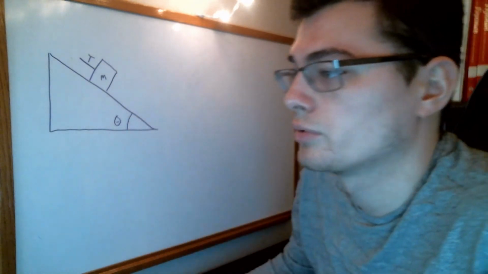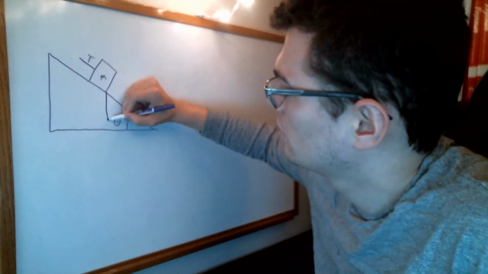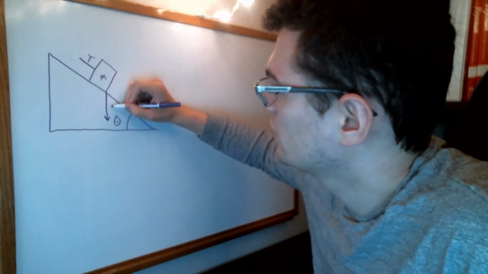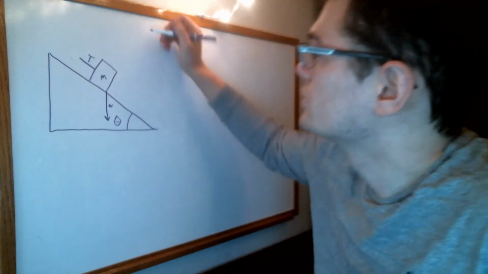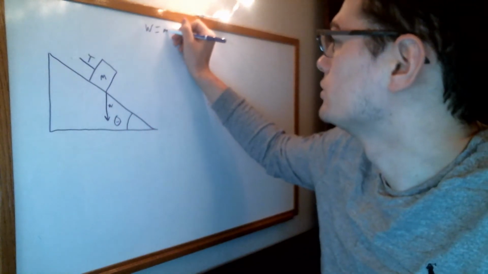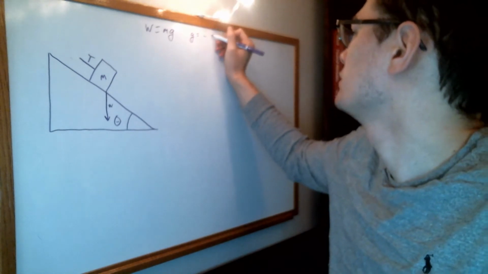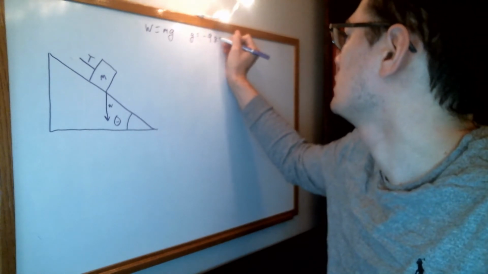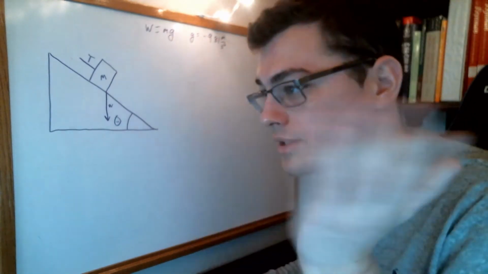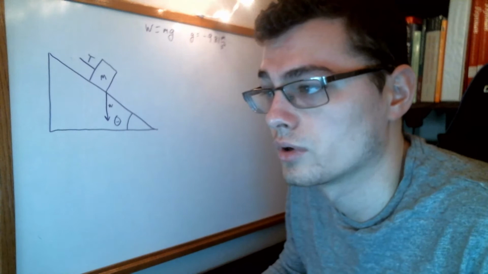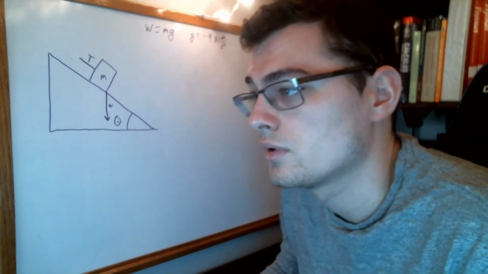And what we're going to do is we have a force here, and we're going to call this our weight. So this is just from last chapter. W is equal to mg, where g is equal to negative 9.81 meters per second squared, and mass is some undefined quantity that we'll define in examples later.